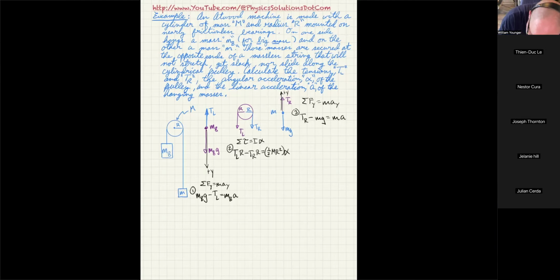So I'll say, since the rope does not slip or stretch, then we can say a is equal to R times alpha, and that's going to be equation 4. Okay, so now I have basically four equations.